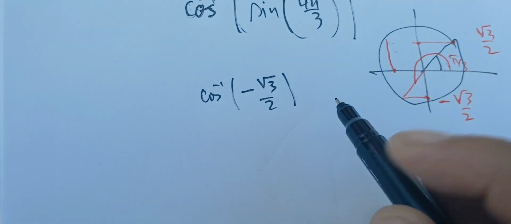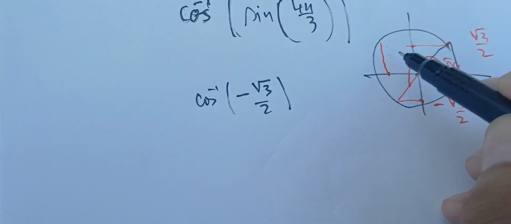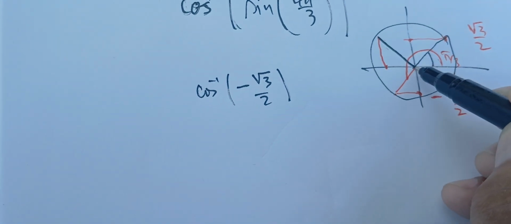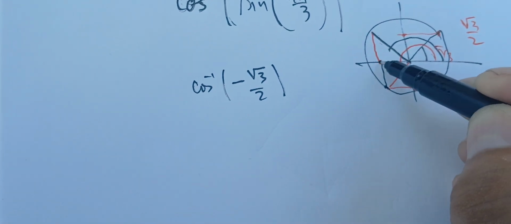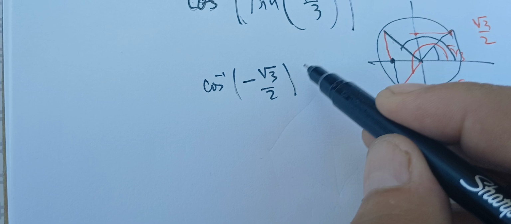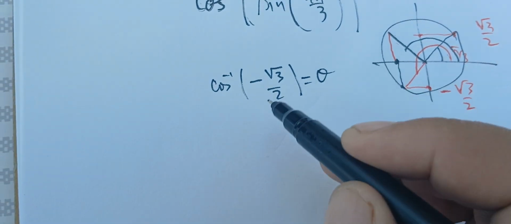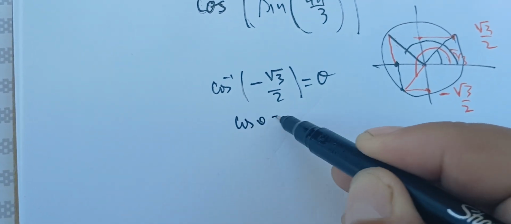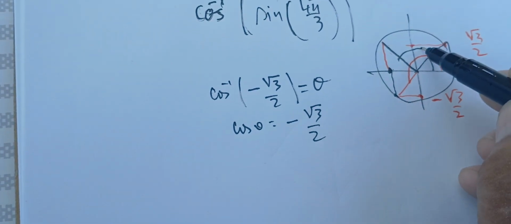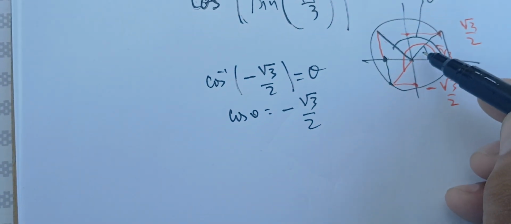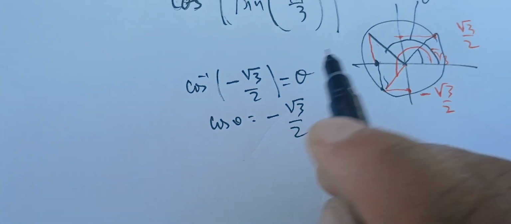Here we see that we can have two angles, this first one and this second one. If we call this one theta, the cosine of theta is minus square root of 3 over 2.